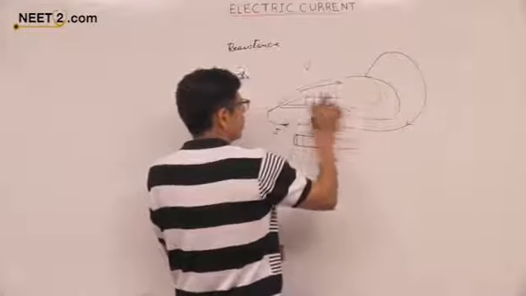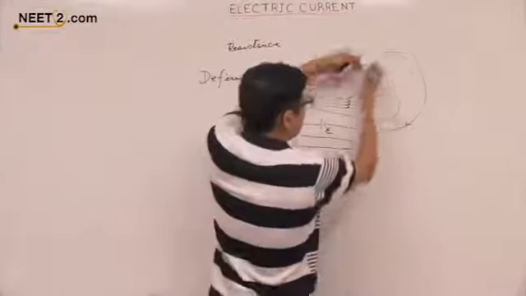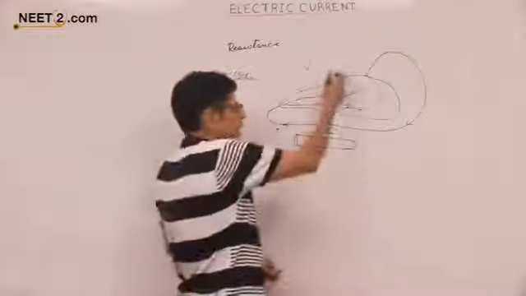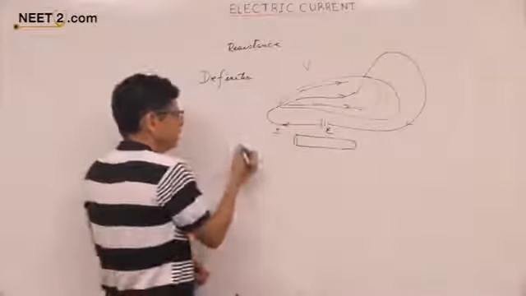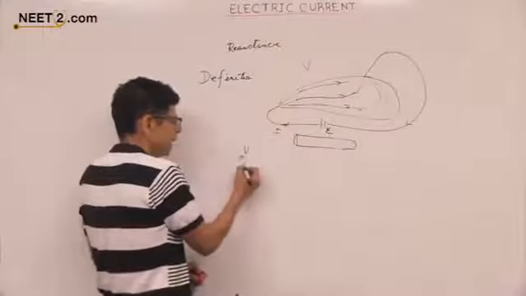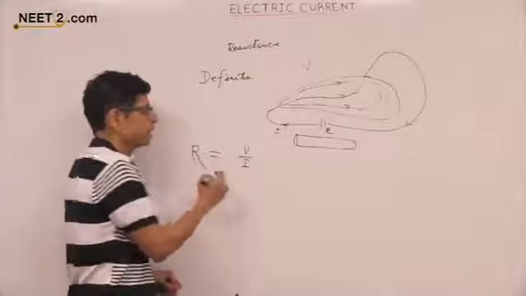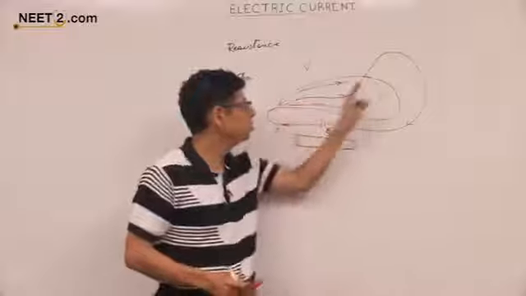The charges all drain out from there and come from here and go like this. So the current can be measured there or it can be measured here. Then the V by I calculation, we call it the resistance of that object between these 2 points.